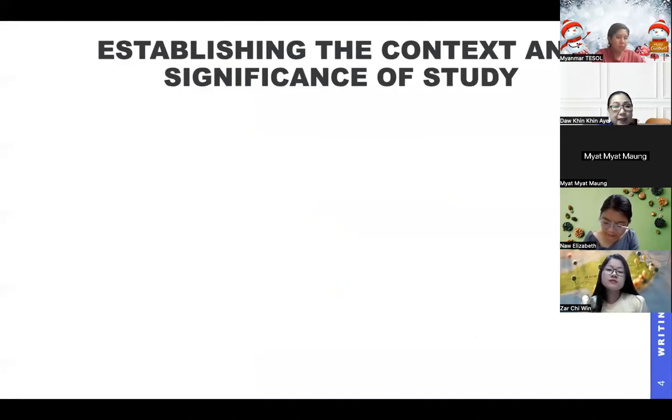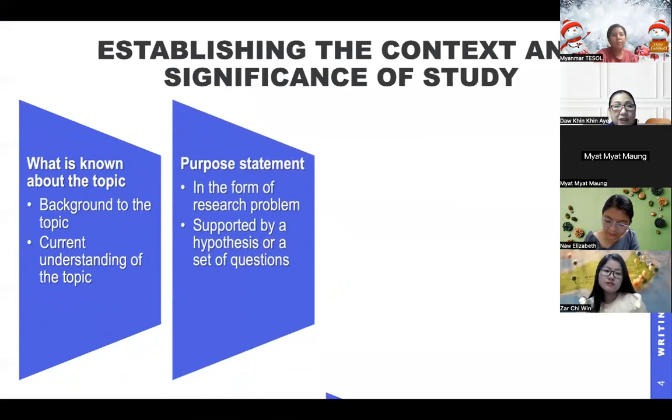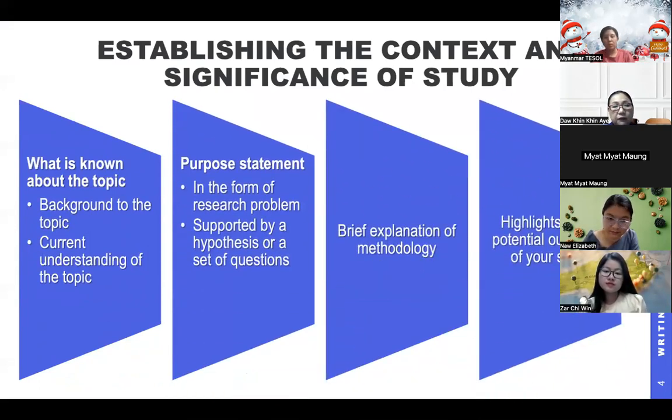In order to establish the context and significance of your study, what you need to include is what is known about the topic. That means the background to the topic and the current understanding of the topic.